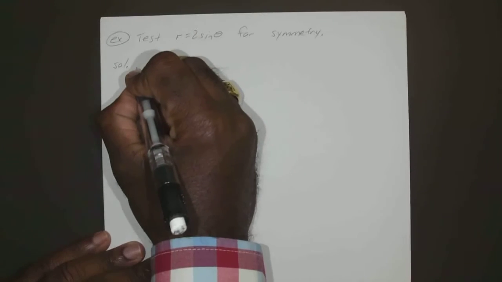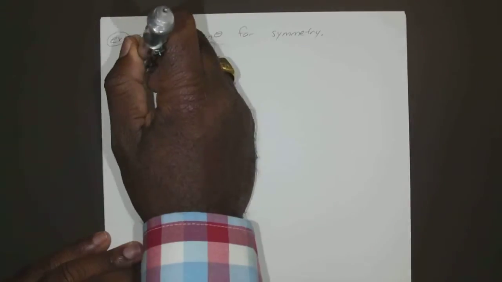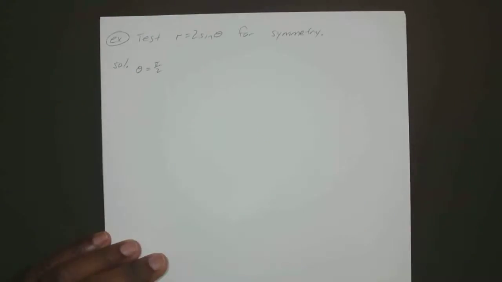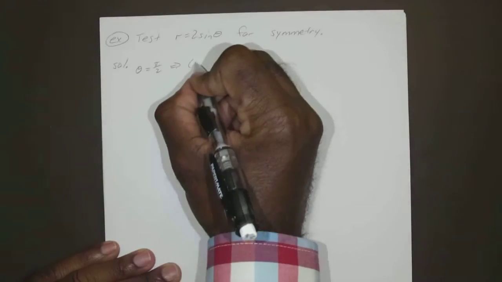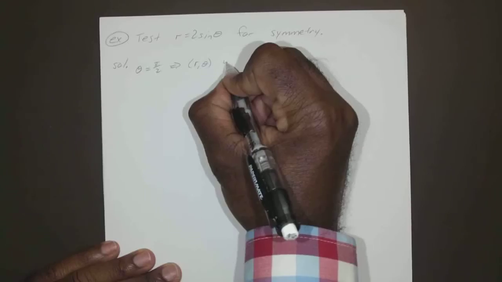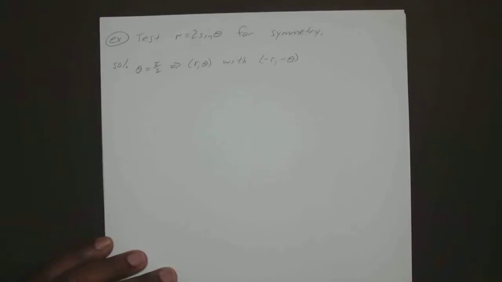So let's say you want to test across the pi over 2 axis. Remember, to do that test, you replace r, theta with negative r, negative theta. So every r gets replaced with negative r, every theta gets replaced with negative theta, and we see what happens.